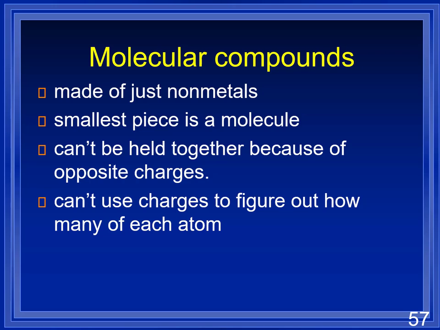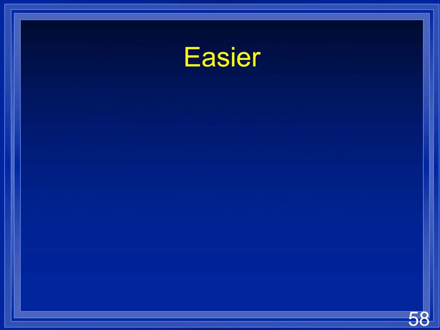So if I can't use charges to figure out how many, the name has to tell me how many. This is easier. Okay? It's easier because the name is literally going to be something like 4 iodines and 9 oxygens. Would it be easy to figure out the formula of something if the name was 4 iodines and 9 oxygens? Yes, it's almost that easy.